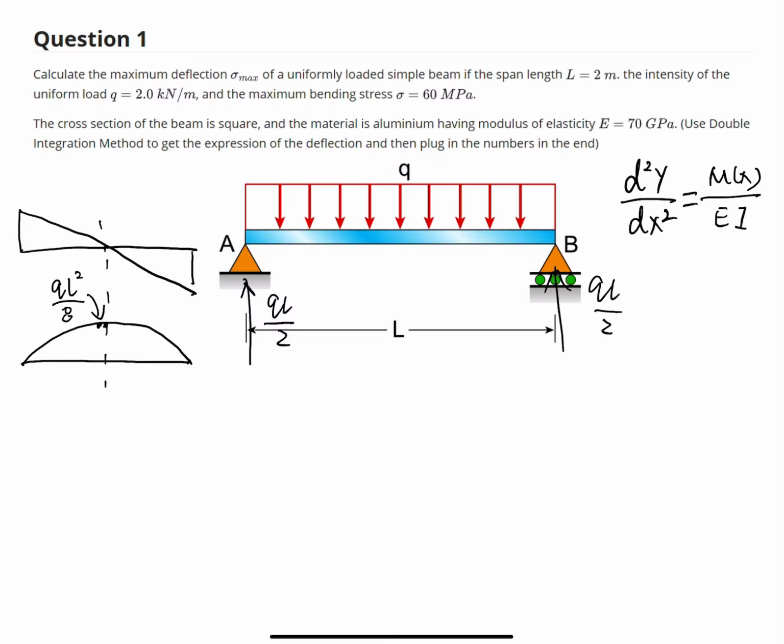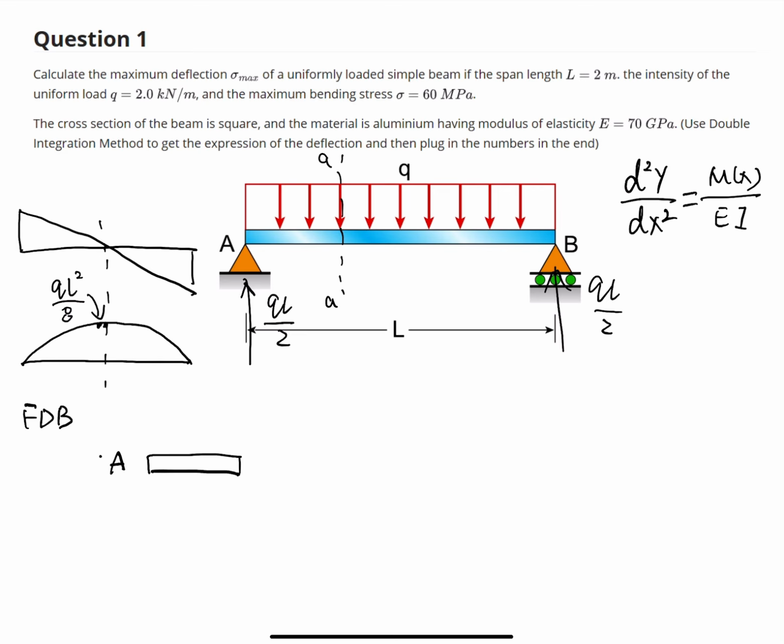So now let's find the expression for the bending moment. If we make an arbitrary cut on the beam, say the cut is A to A, we draw the free body diagram. The free body diagram is shown here.